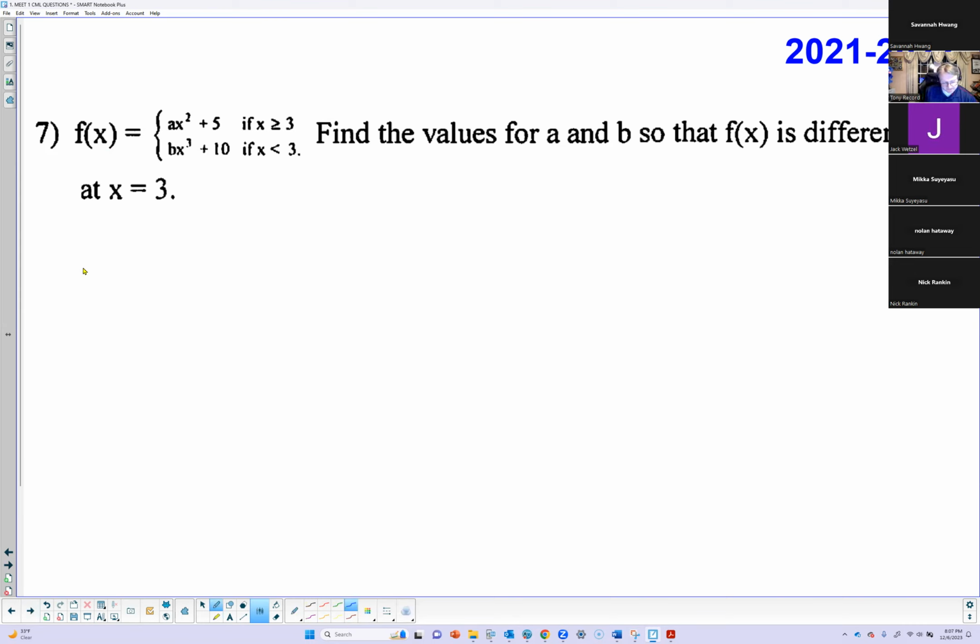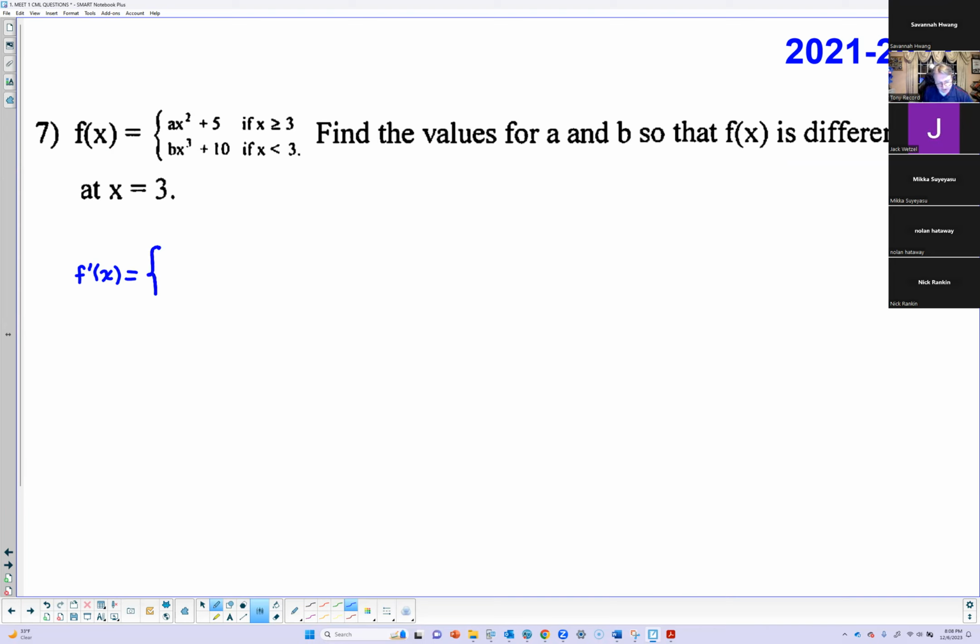One of the things I would think about is that the problem has the word differentiable in it, so maybe we should take the derivative of this piecewise function. And we're allowed to. Maybe it's not differentiable, but that's our job: to find the values that will make that happen.